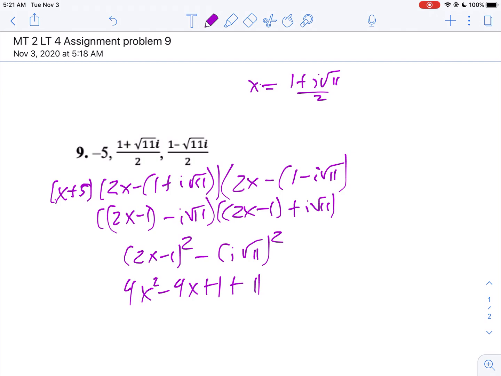So in other words, we get 4x squared minus 4x. And of course, my pen dies right in the middle of a problem. Let me get a new pen out here. So minus 4x plus 12. Now we're going to multiply that by x plus 5.